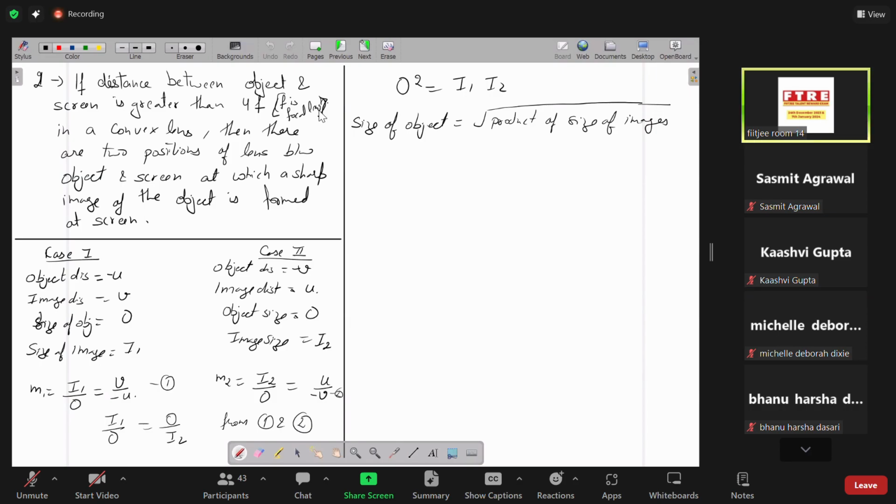Now, all of you have written this point? Now say, keeping the position of the object and the screen fixed. This is my object, and here is the screen.